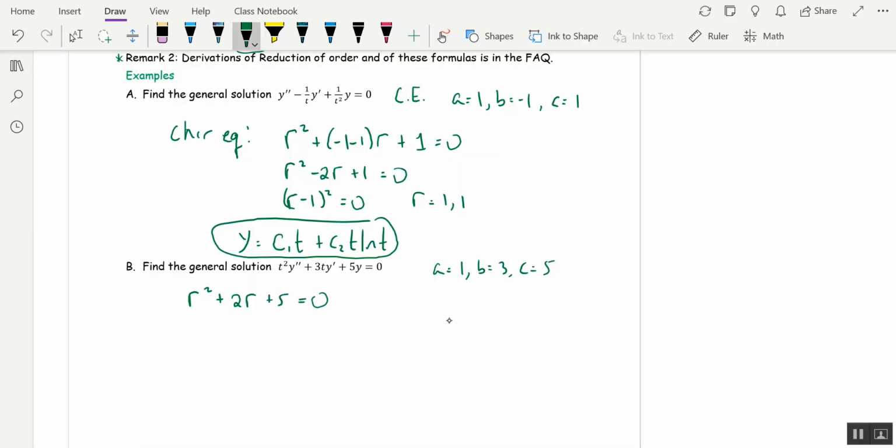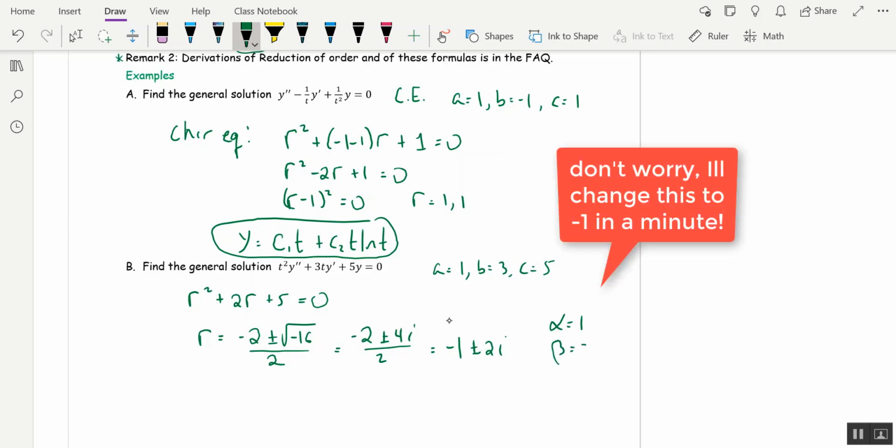Now that's not going to factor very easily, so we're going to use the quadratic formula. r is -2 plus or minus the square root of -16 over 2a, which is 2, which is -2 plus or minus 4i over 2, which is -1 plus or minus 2i. So my alpha is -1 and my beta is 2, and I've got complex solutions.